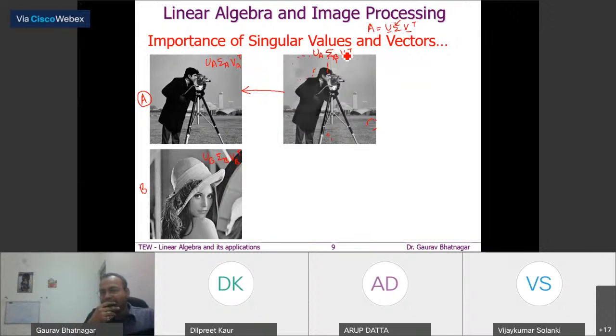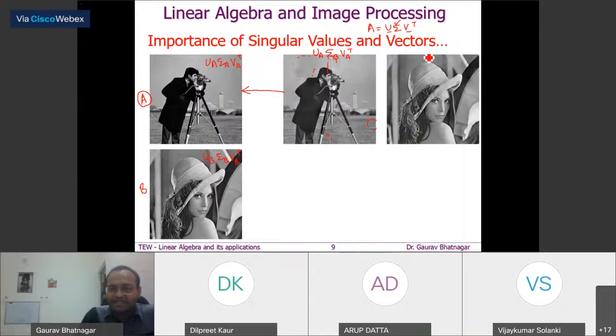Now in the next experiment, I just tried to change the singular values in the other image. So this is the same experiment which I have done for this matrix. So this is going to be UB sigma A VB transpose. Again, you can see that there are some artifacts over here, other texture points over here, over here. So there are some blocking artifacts coming over here.